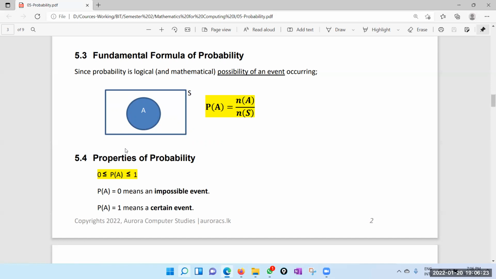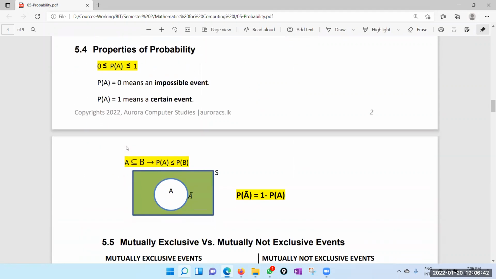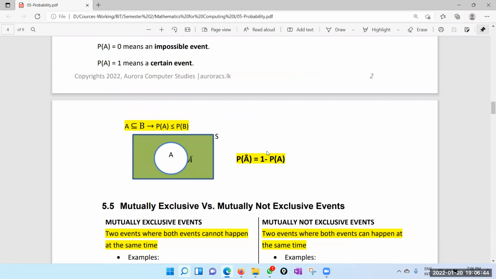Also we discussed that probability is always between 0 and 1, a positive fraction. If it is 0, it is impossible. If it is 1, it is a certain event. Also the probability of event A not happening is 1 minus the probability of A happening. Probability of getting 6 is 1 over 6.